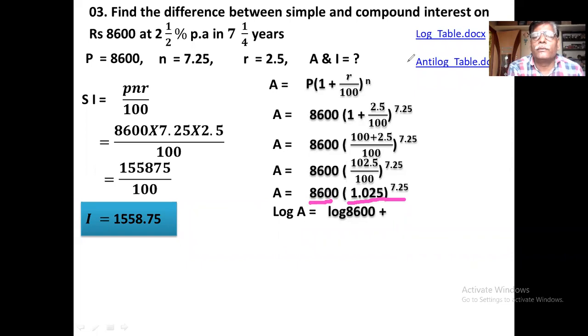So the next step is 7.25 into log 1.025.